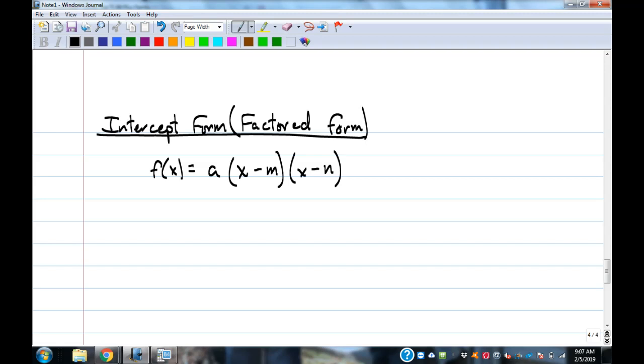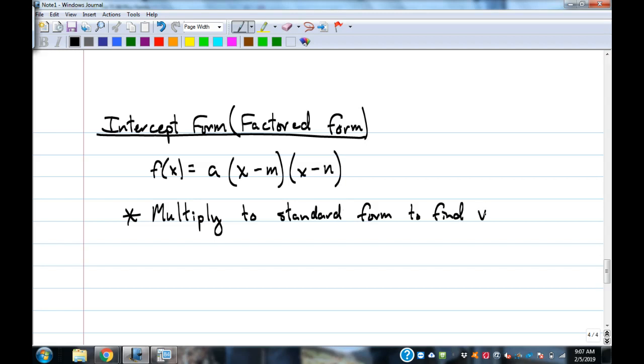You don't have to know all these shortcuts with changing the sign and dividing a certain way with our factors to get those things. So my notes for intercept form are: multiply to the standard form, then find the vertex and axis.